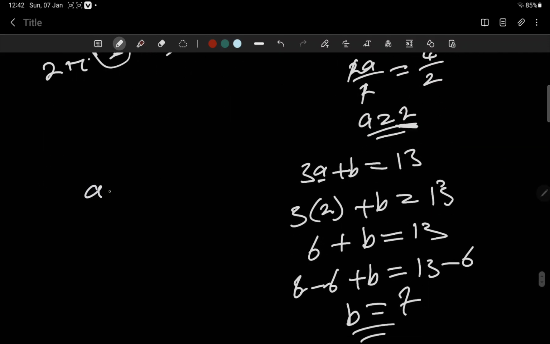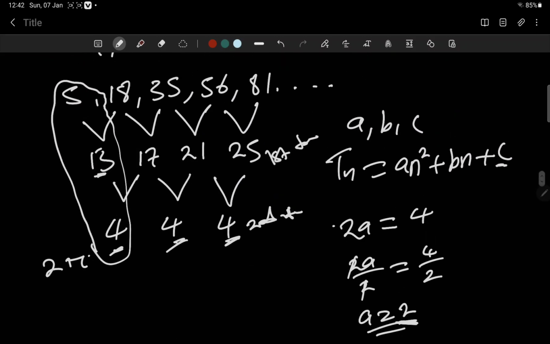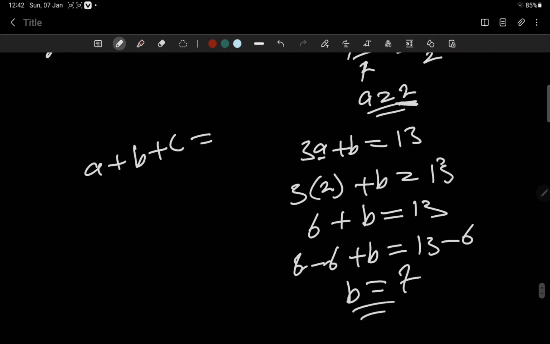How do we find c? a plus b plus c equals T1, the first term of the sequence. In this case it's 5. So for a we substitute 2, then plus the value of b, which is 7, then we're looking for c.